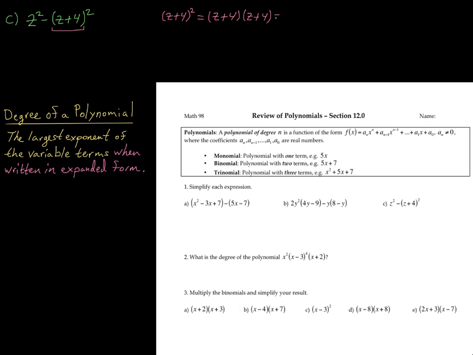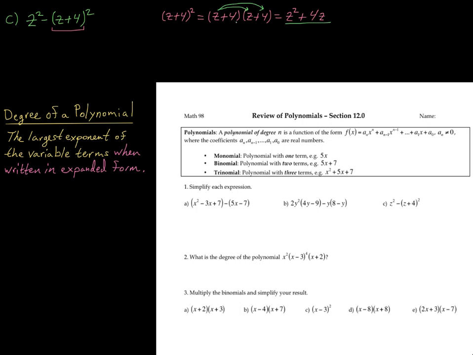Now to open this up, we're going to go ahead and apply the distributive property. This process is also known as FOIL, if you've seen it written that way. So I'm going to distribute the z in to each term on the right. That's going to give us a z squared from the z times z, and then z times 4 would give us a plus 4z.